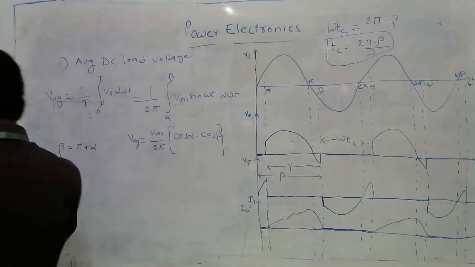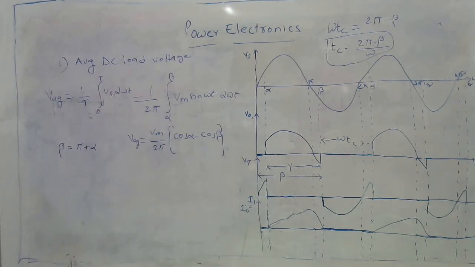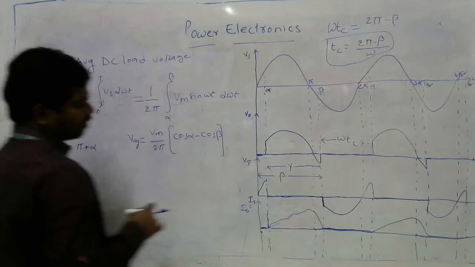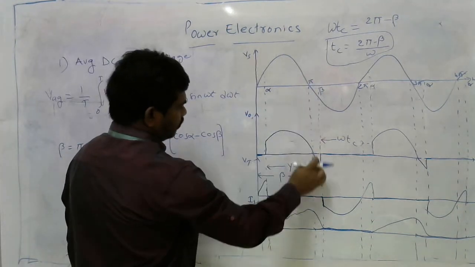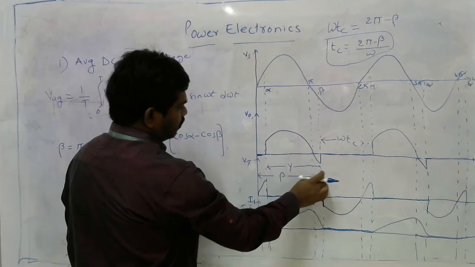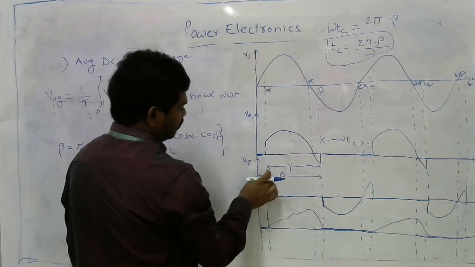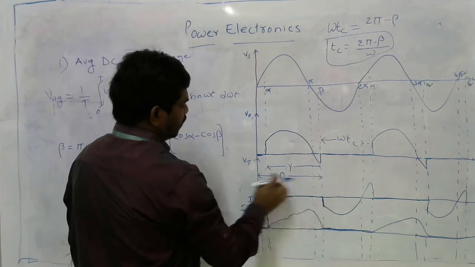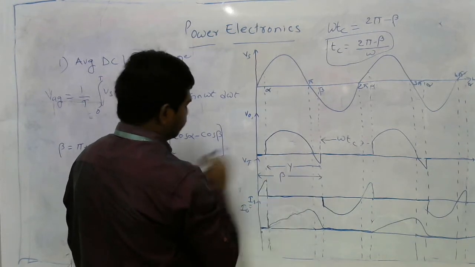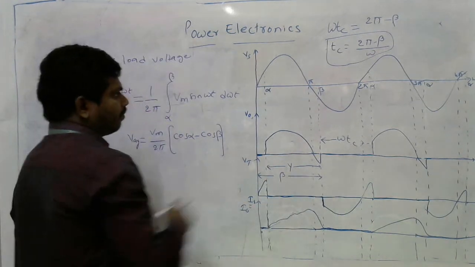What is that pi plus alpha? This is pi, this is the pi portion. Just adding this portion alpha, pi plus alpha. So this pi plus alpha is indicating beta, where the beta value includes both pi and alpha.